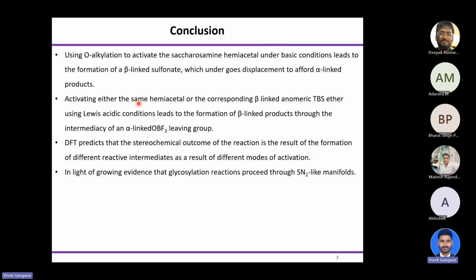All the intermediate and product energies were found out using DFT, and all reactions are attack of donor, attack of acceptor in an SN2 manner. Thank you.